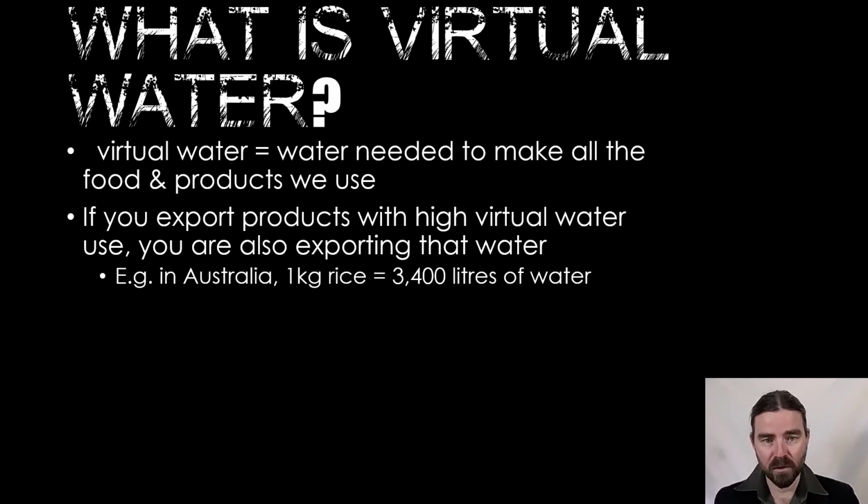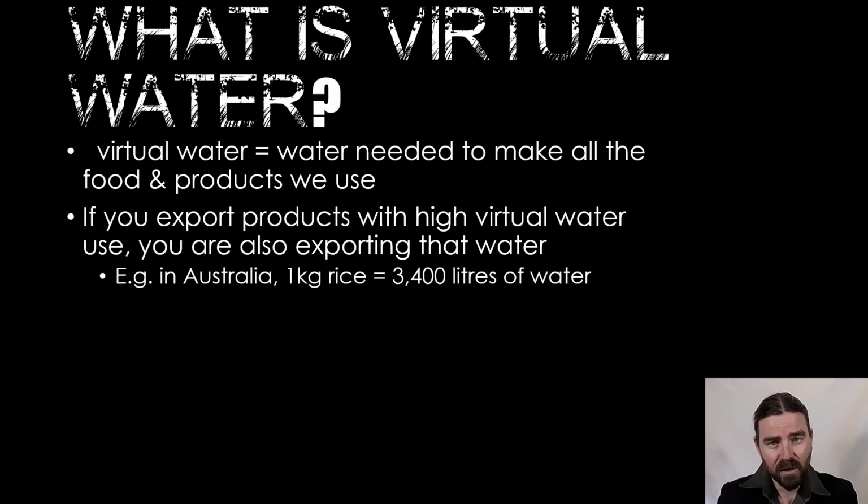That's virtual water. 1 kilogram of rice needs 3,400 litres of virtual water. So, if Australia exports 1 kilogram of rice overseas, what they're in effect doing is exporting 3,400 litres of water overseas because it's stored in that rice. It took that much water to make that rice.